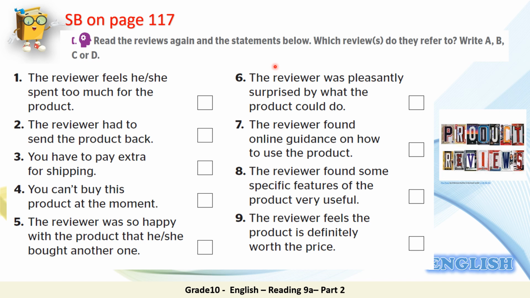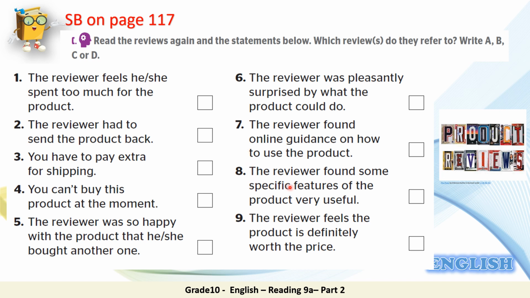Statement number 6. The reviewer was pleasantly surprised by what the product could do. Another satisfied customer, another satisfied reviewer. Remember. Number 7. The reviewer found online guidance on how to use the product. Which reviewer referred back to the internet and found online guidance on how to use the product? Number 8 now.